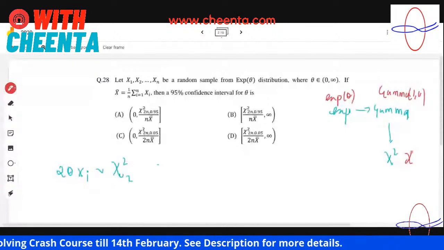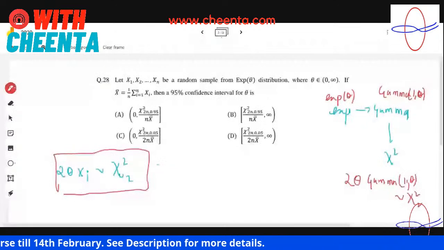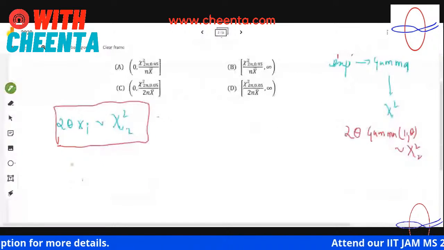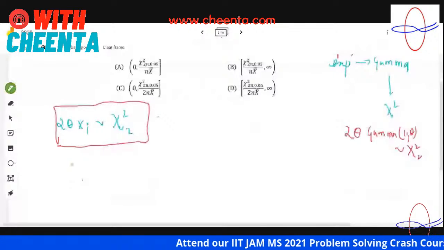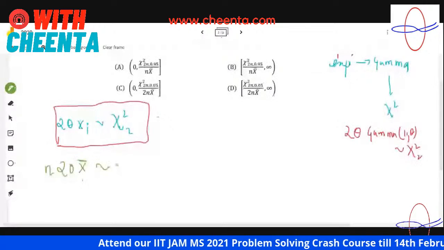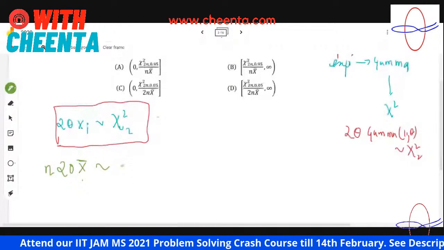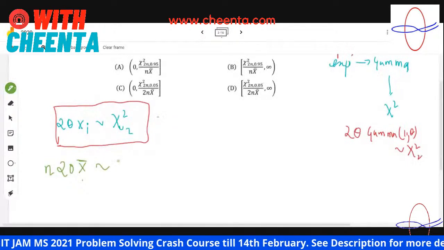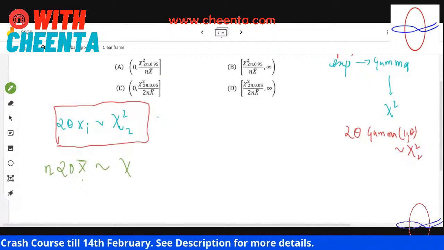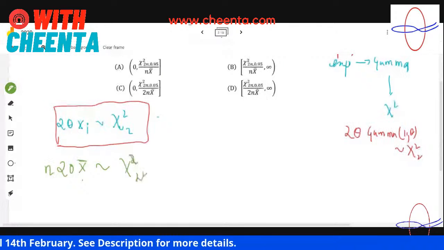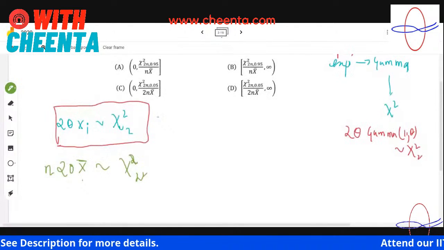And if you add it all up, you get 2 theta times the sum, which follows chi square twice n, since the sum of independent chi squares is chi square, right guys? Perfect, Kakali. Thanks. So that's what it follows.